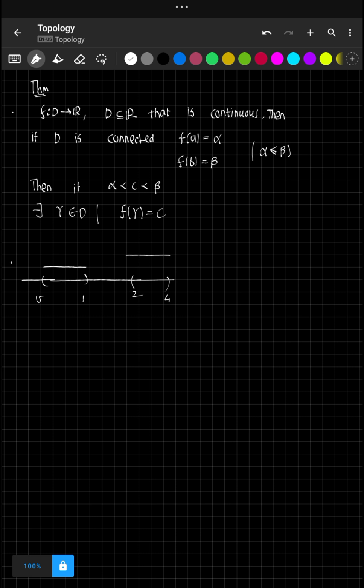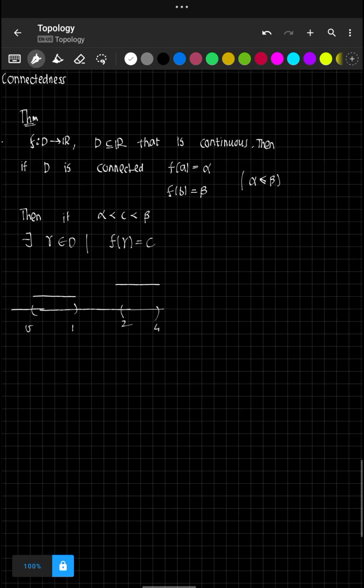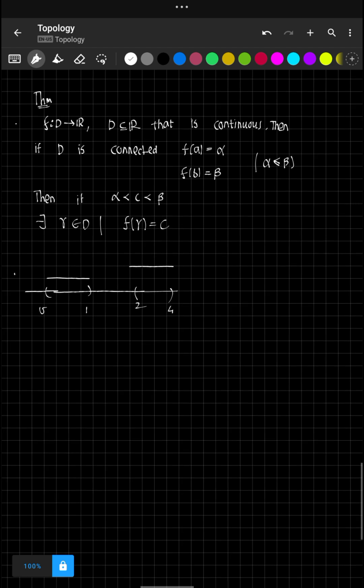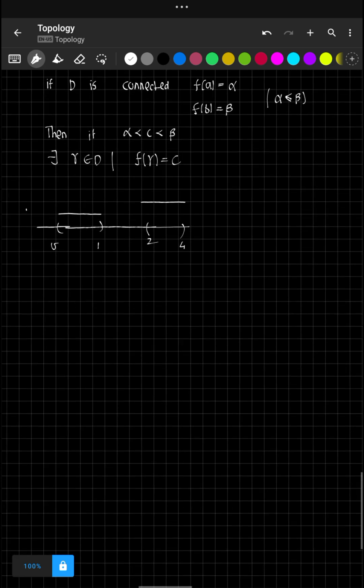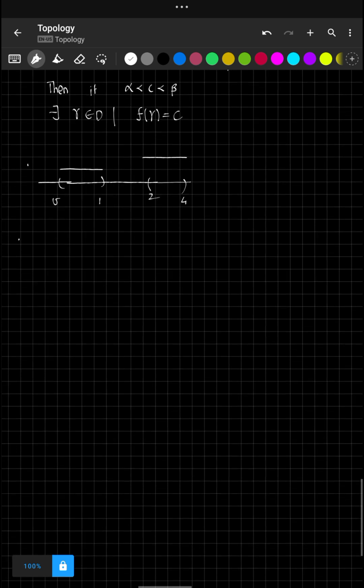This function is not continuous. To remove this kind of pathological case, we will just focus our attention on connected sets. So this motivates us to define connectedness.